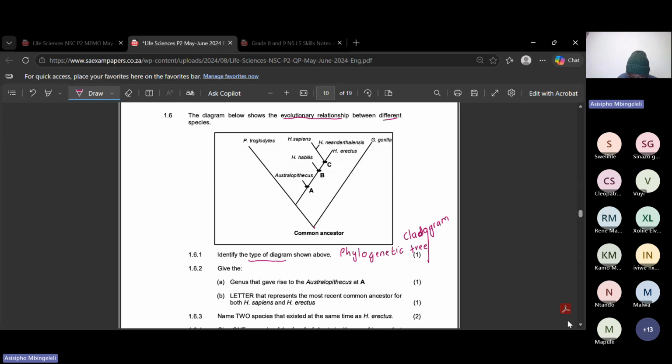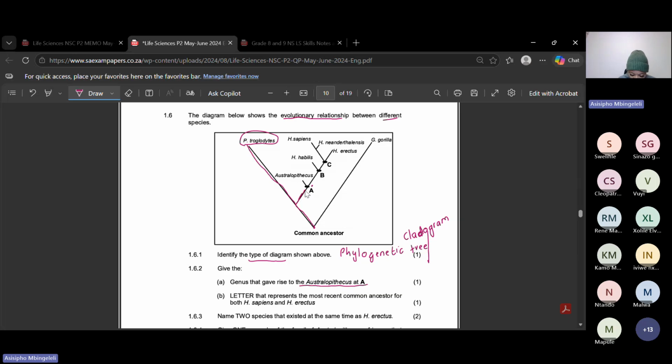give the genus that gave rise to the Australopithecus at A. So A is the first genus after which one? That's the oldest one. If you are tracing it from a common ancestor, this is the first one that originated, and then there was a branch.